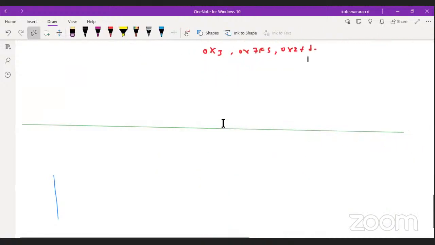And the second type is real constants or floating point constants.